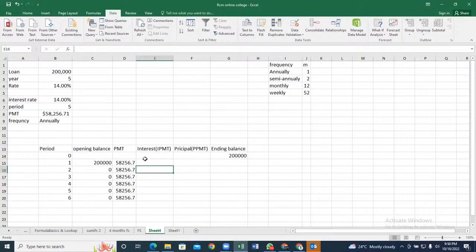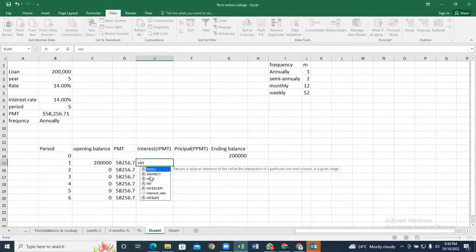So I believe FR staff, you've identified where you went wrong. Let's now come to the interest column. We have two ways of working out interest. Number one, we can say equal to, we have the interest function in our Excel.